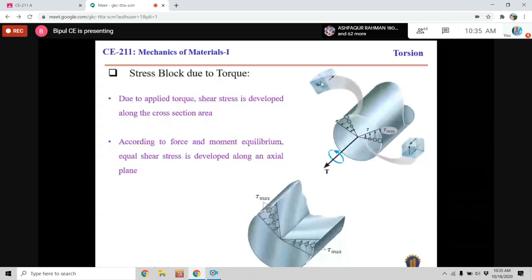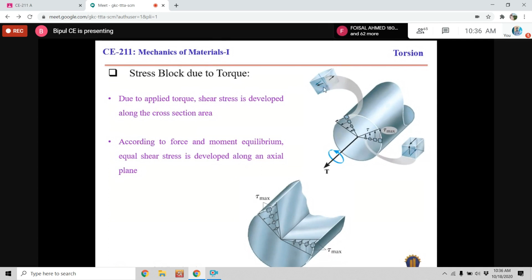If the body rotates, it is not in equilibrium. This stress has been developed due to the applied torque, and according to force and moment equilibrium, there must be a shear stress on the adjacent face.